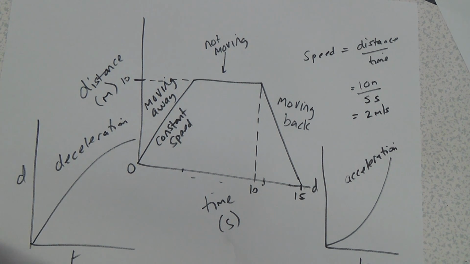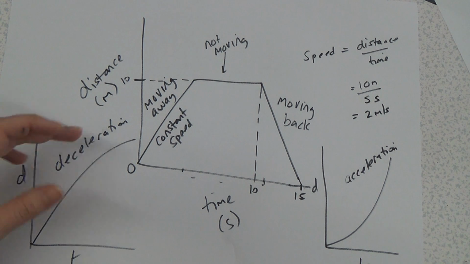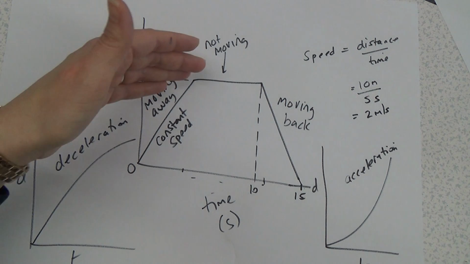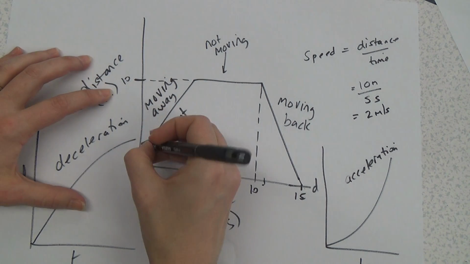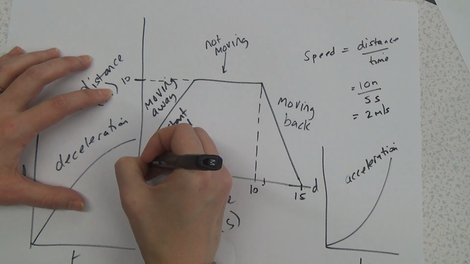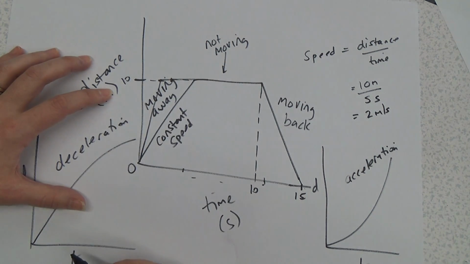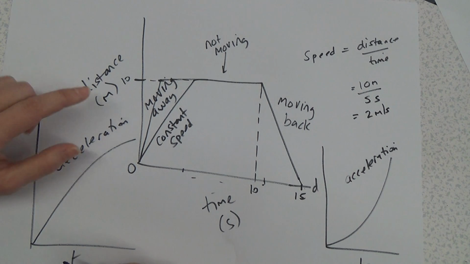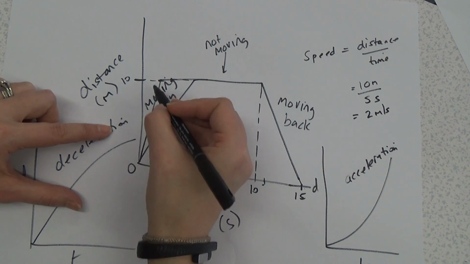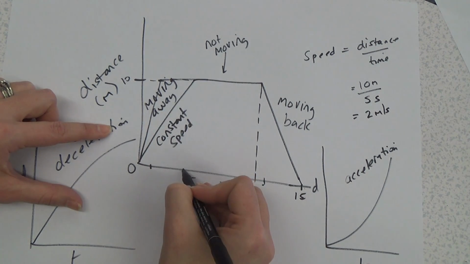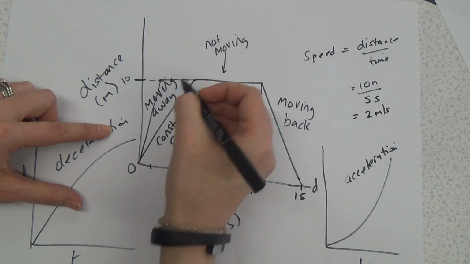So distance time graphs could also ask you to compare. Okay, so let's say we're talking about this being a specific constant speed as we're moving away from the object. What if another object moved like this? Did exactly the same thing, moved exactly the same distance. Okay, now if you compare the time it took, you can see that it took less time to move that distance compared to this object here.